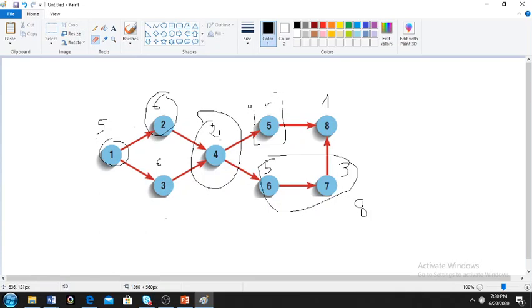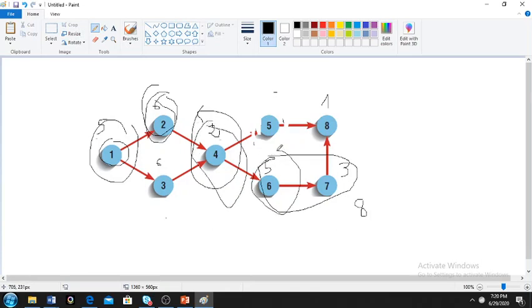So our critical path is what? Our critical path is 1, 2, 4, 5, 6, 7, and then 8. So how do we calculate?